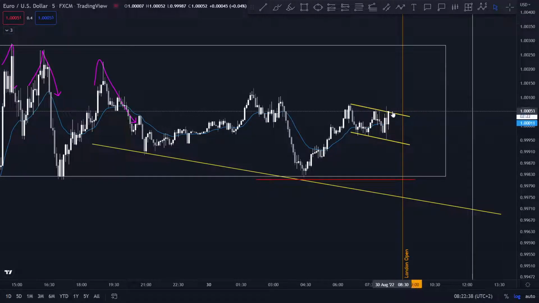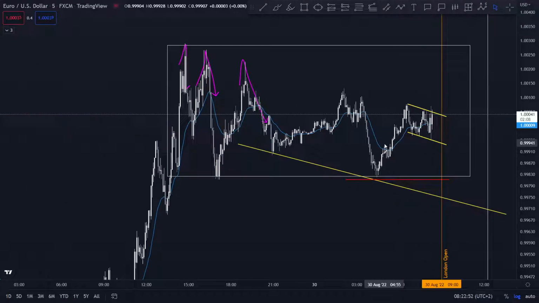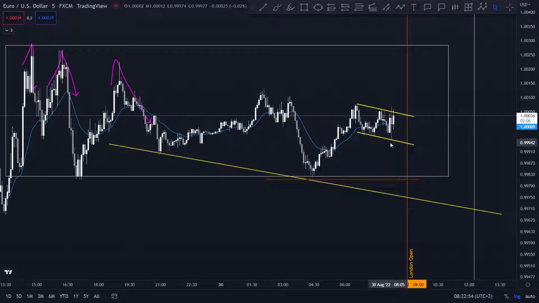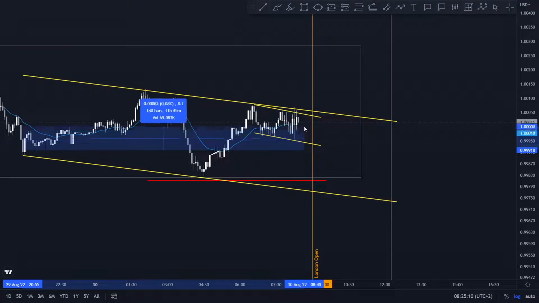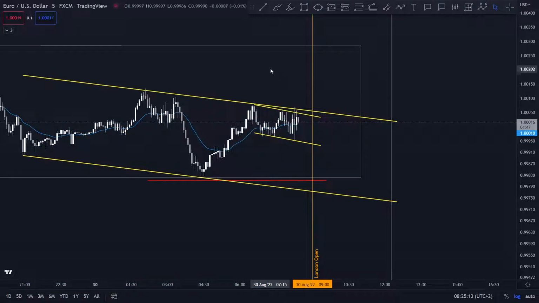Part of me is thinking I should be adding to my position here and trailing my stop loss here. The overall general market structure for the past 11 hours and 30 minutes is low, high, lower low, lower high.